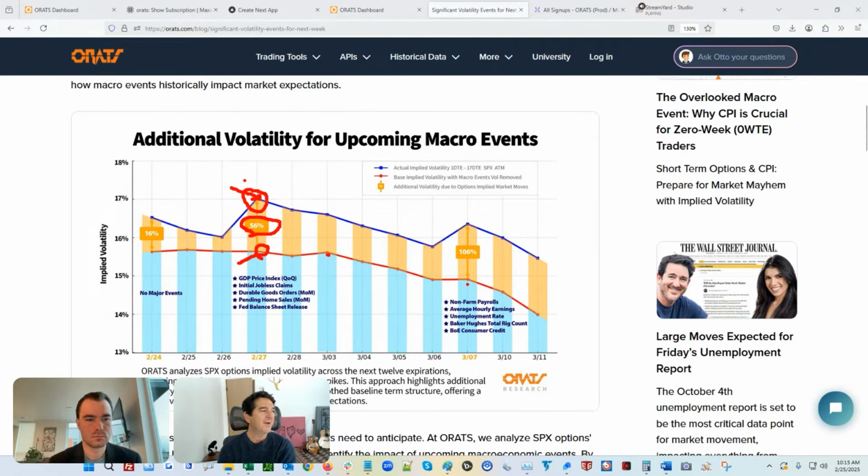Like Nvidia has an 8% earnings effect, and we can look at that, and that's pretty consistent over time. When we look at this 56% on the 27th, there are things like initial jobless claims, the GDP, durable goods, the things that we list here that are coming out, and that's why. Also, I should say Nvidia's earnings is coming out on the 26th, so that's adding to it as well. But that's why it's higher there.